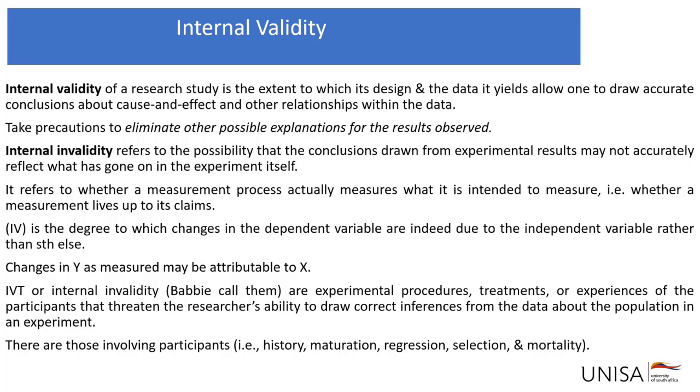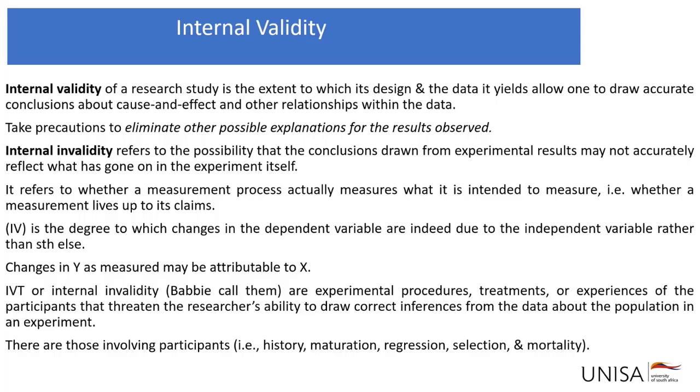So internal validity is the degree to which changes in the dependent variable are due to the independent variable rather than something else. The last time we were using an example of nutrition and performance.